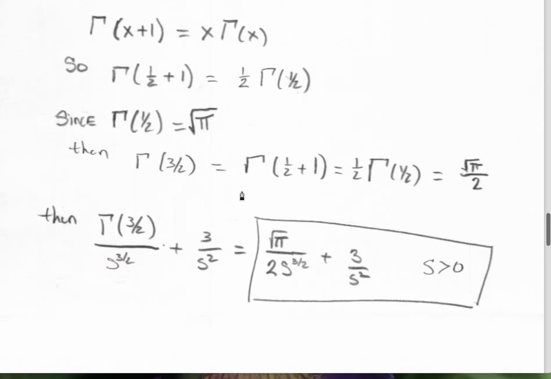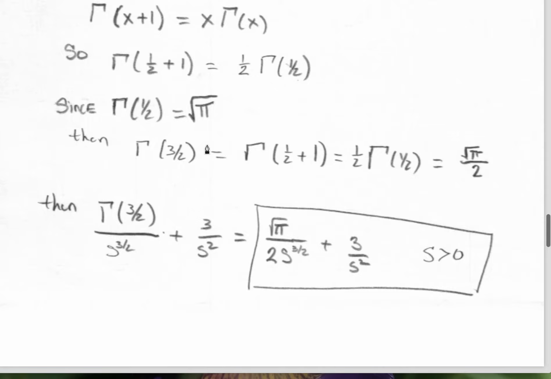And we're told in our book that it's well known that the gamma of 1/2 is equal to the root of pi. It's one of those things that is just told to us but not explained. In face-to-face class, we would take some more time and probably try to make an argument for why that's true.